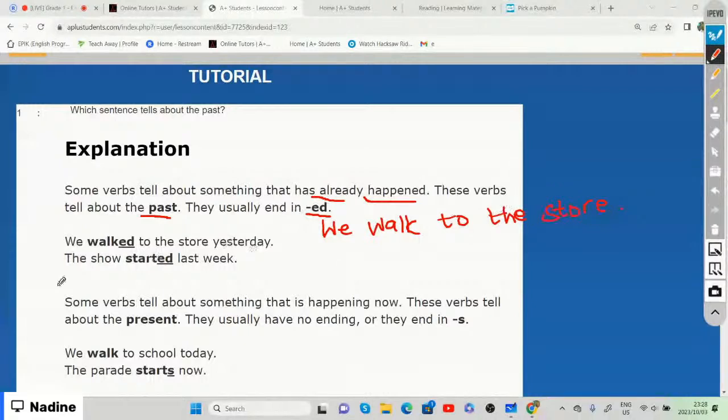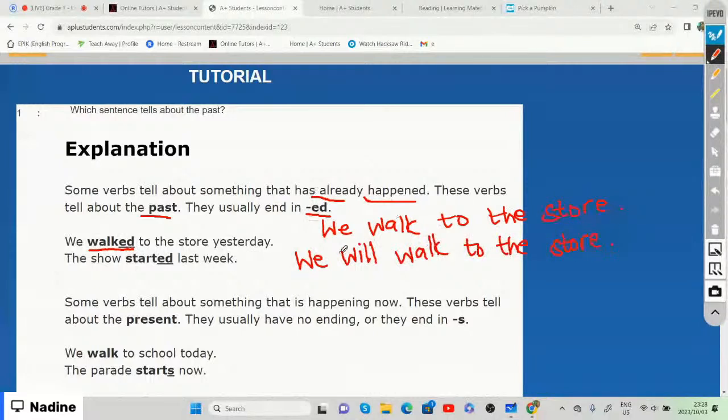And in the past, we can say we walked to the store yesterday. And in the future, we can say we will walk to the store.